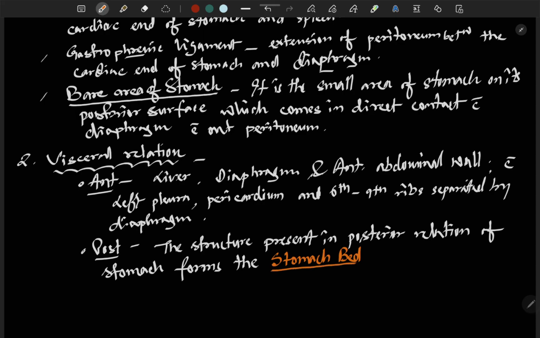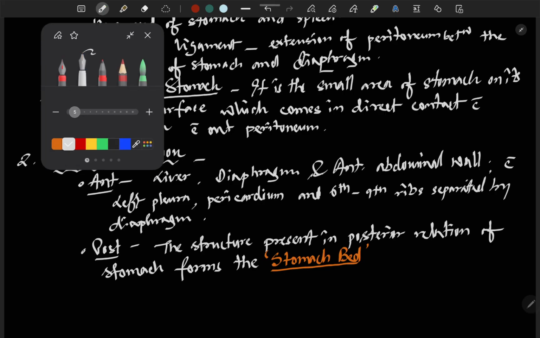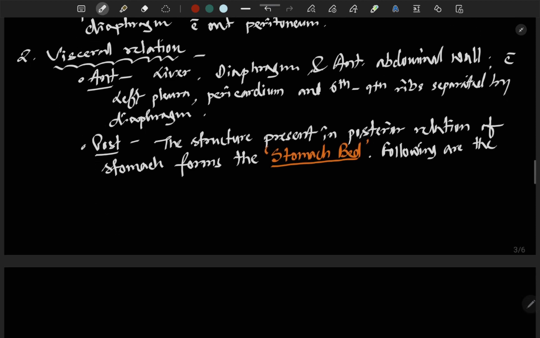Very important one. Following are the structures that form the stomach bed.